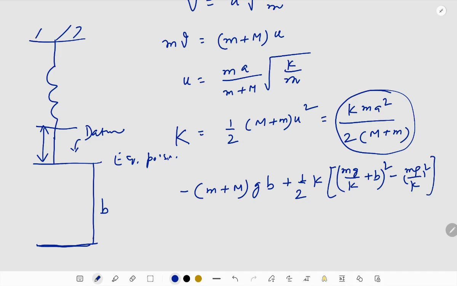And this will be equal to the total mechanical energy at the equilibrium position, that was this.